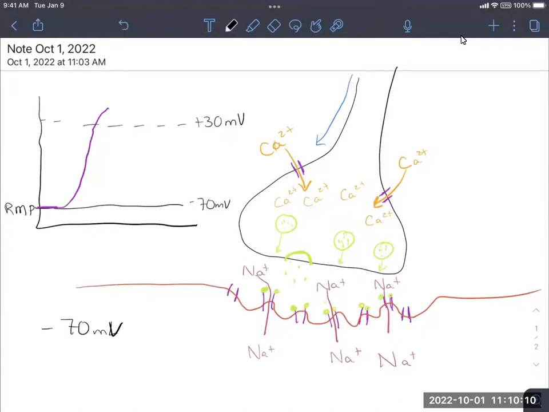So what does that do? Well, what that is going to do is cause these chemically gated ion channels to close. So these are going to close off. We have an enzyme that is called acetylcholine esterase.